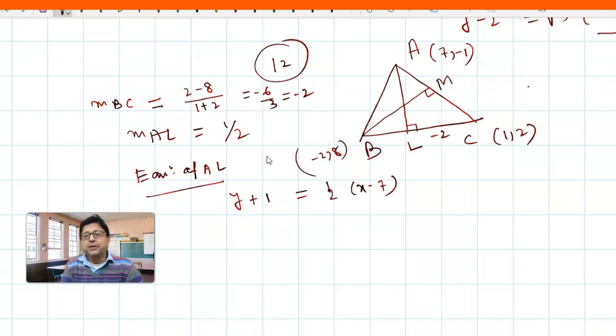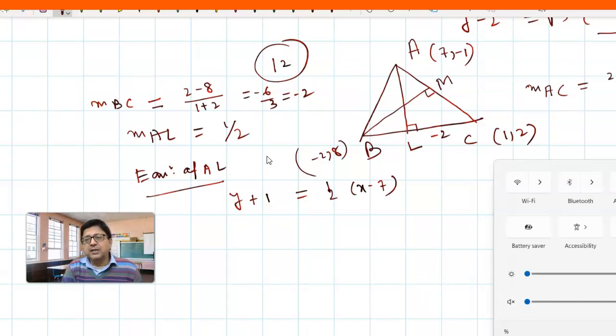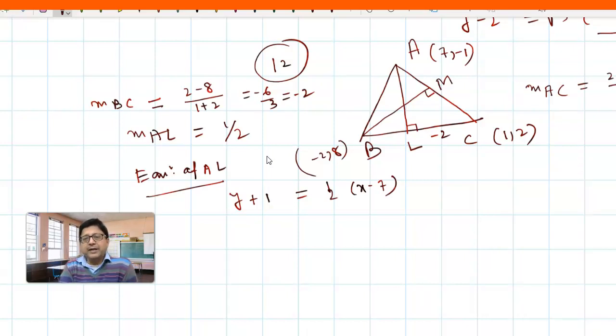For that we will find the slope of AC. Slope of AC is what? Slope of AC is 2 minus minus 1, that is 2 plus 1, divided by 1 minus 7, that is minus half. So what is the slope of BM? Slope of BM will be 2.